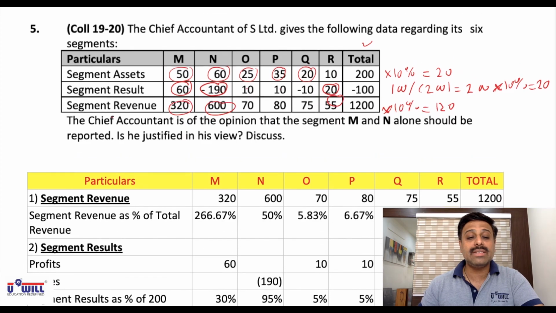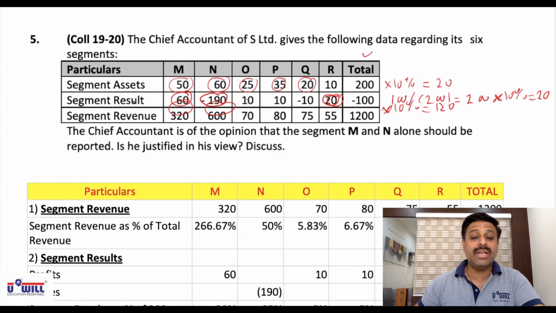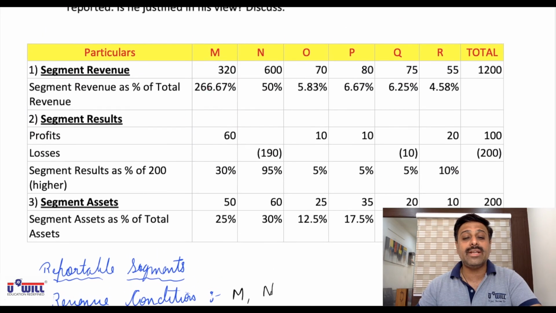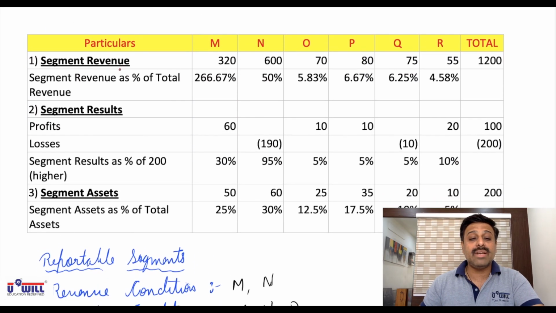The chief accountant is of the opinion that the segments M and N alone should be reported. He is of the wrong opinion. Check your answers. Segment revenue: in case of M, it comes to 26.67%, N 50, O 5.83, P 6.67, Q 6.25, R 4.5.